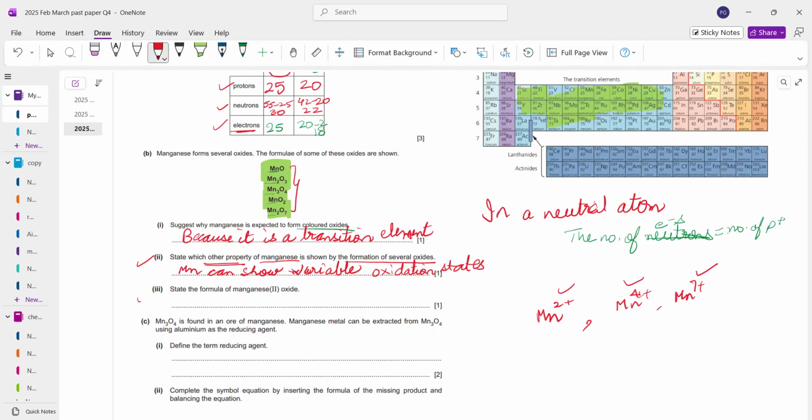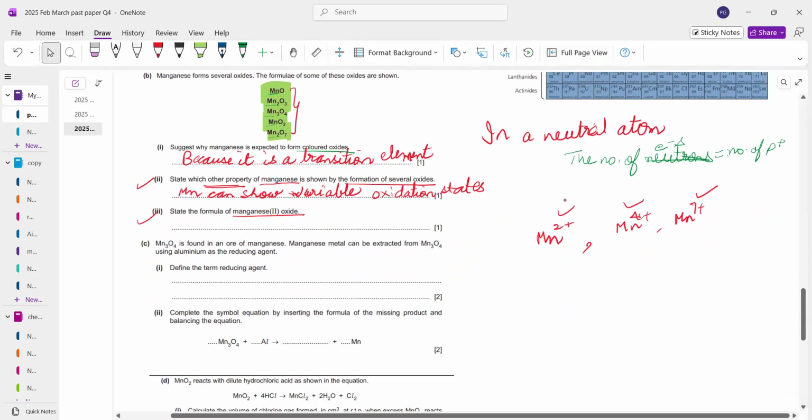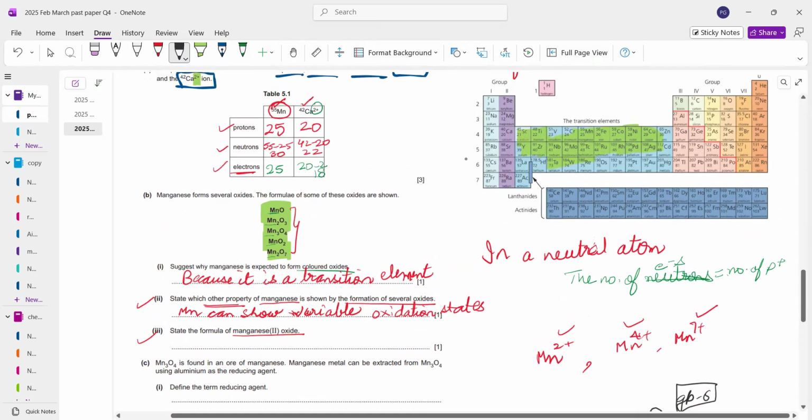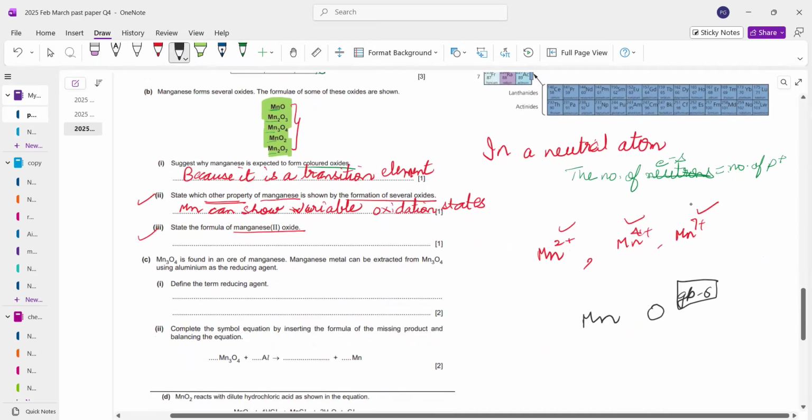In the next part, they're asking what is the formula of manganese oxide? Now, dear children, to form the formula, manganese is Mn and oxygen is O. We all know that oxygen belongs to group 6 of the periodic table. You can check it here. Oxygen is here, it's a member of group 6, and hence it has a valency of 2.